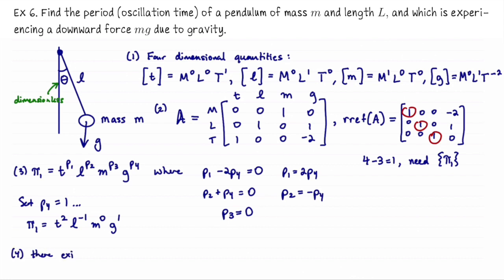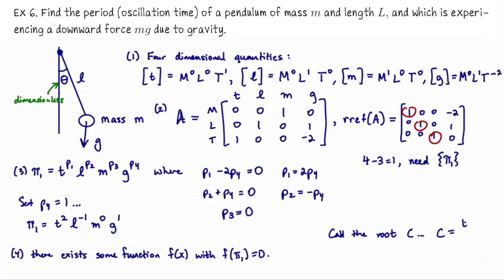For the last step, there exists some function of one variable for which pi 1 is a root. Let's call that root c. And we get that pi 1 has to be equal to some constant. In other words, c equals t squared g over L.